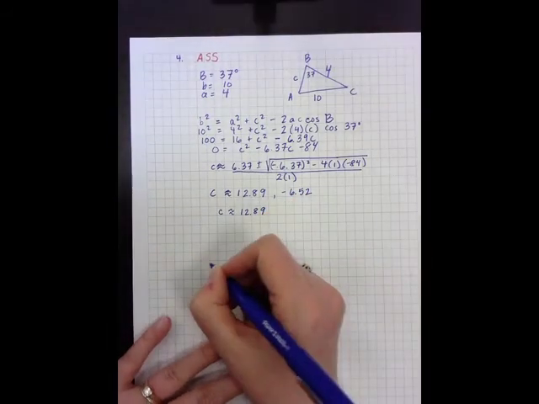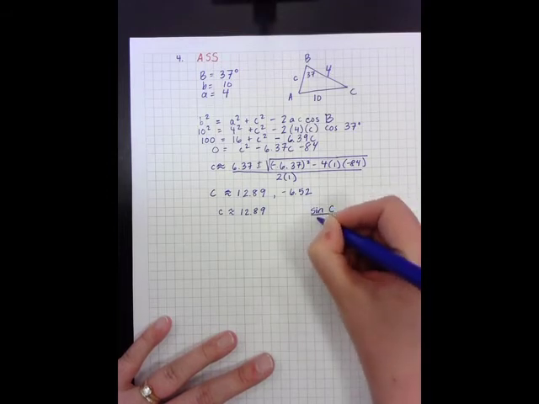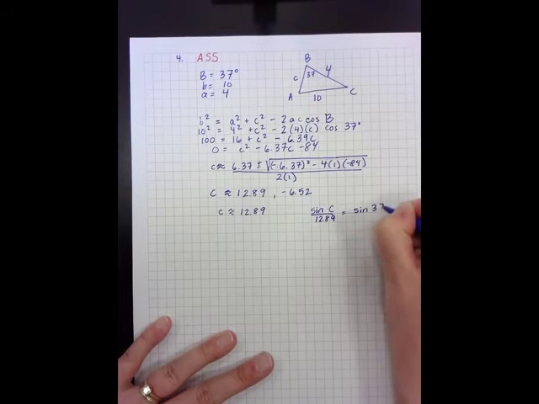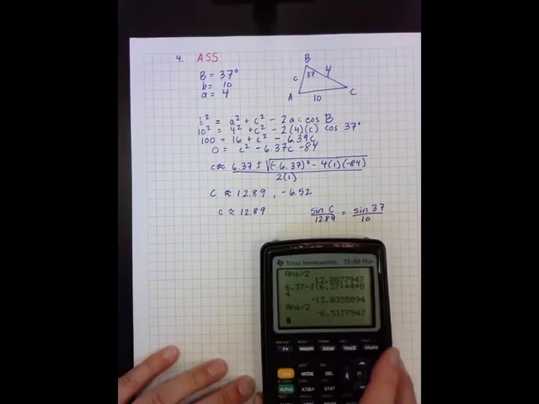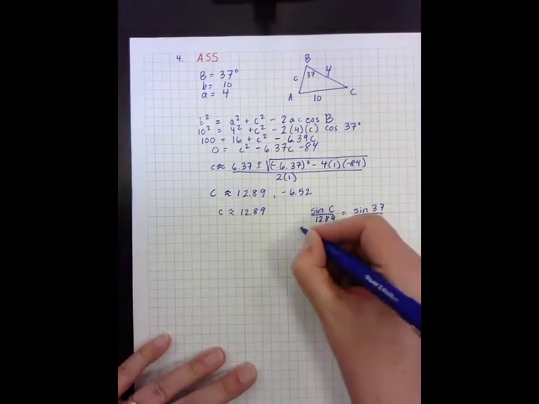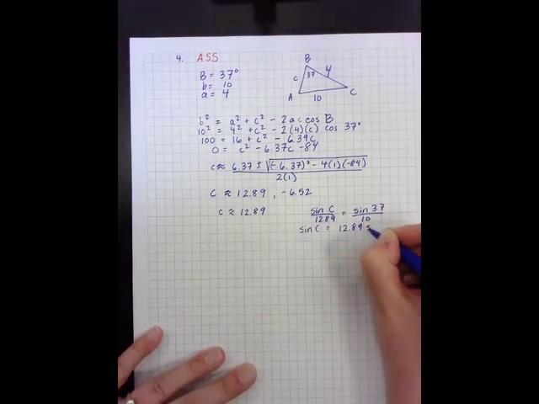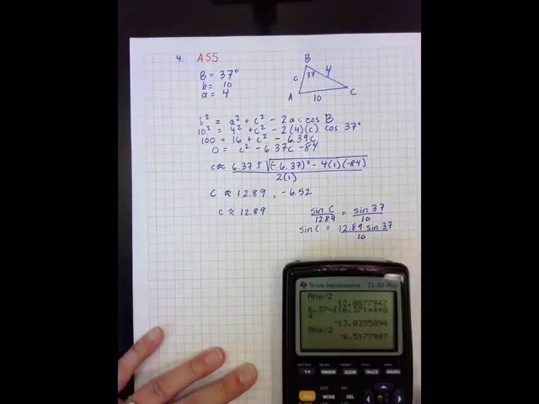And then we would use law of sines to find angle C. So sine of C is going to equal 12.89 times sine 37 over 10. So 12.89 times sine of 37 divided by 10.